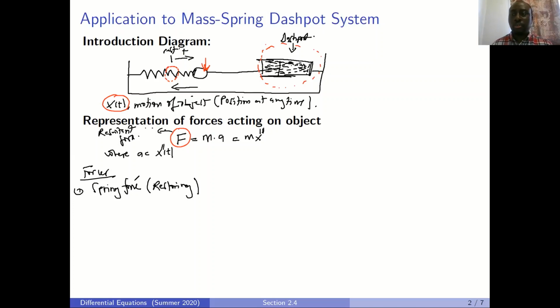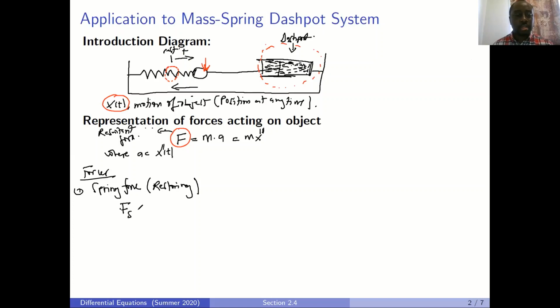And one thing we know from observation is that the magnitude of this restoring force depends on just how much you stretch or how much you compress the spring, right? And so it is directly proportional to the amount of displacement that you subject the spring to, right? So if we think of the displacement as our x, then because the force, for example, if you stretch the object, is always trying to bring you back in the opposite direction to the displacement that you imposed, we will think of this force as having a negative sign.